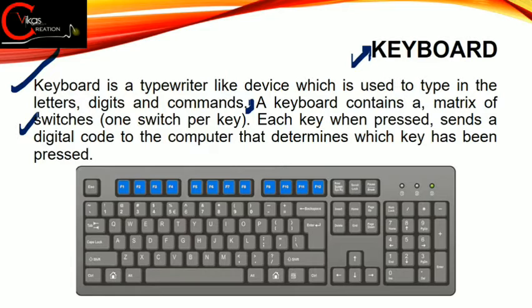In general, in this keyboard we have 101 keys, or in some keyboards 108 or more keys. So whenever we press a key, for every key operation some code or binary digits are given to our computer system. Then our computer analyzes that code and identifies the key that you have pressed.